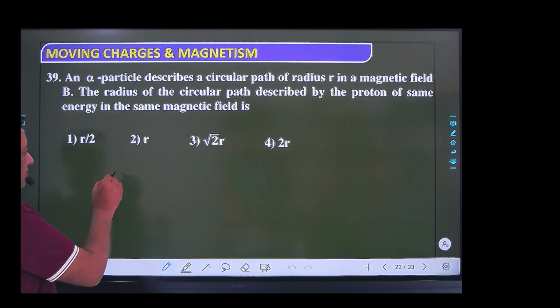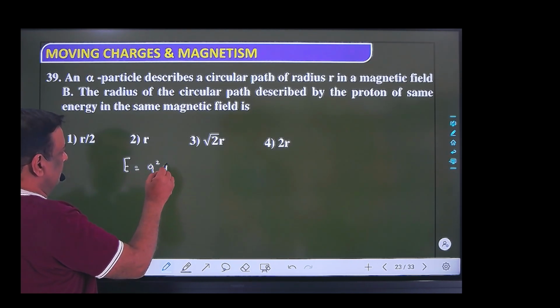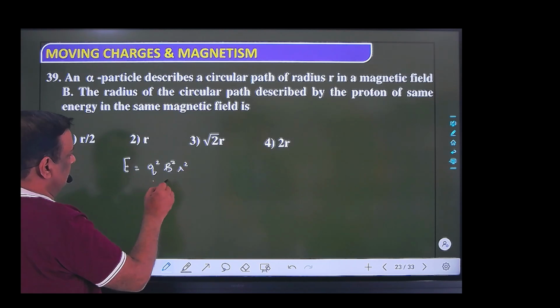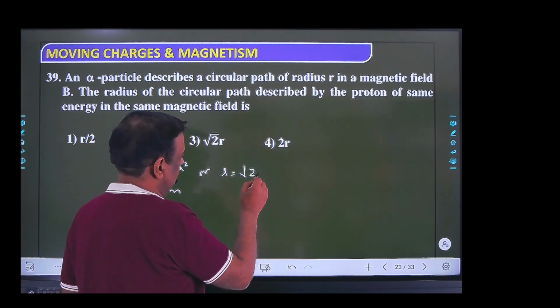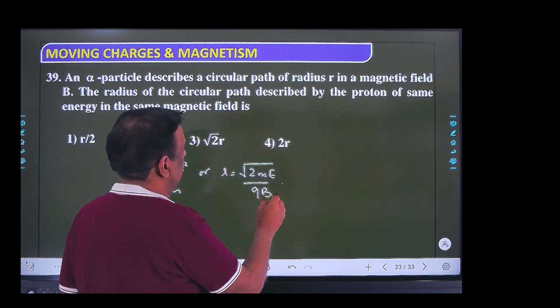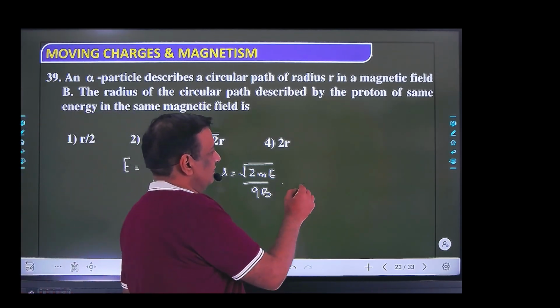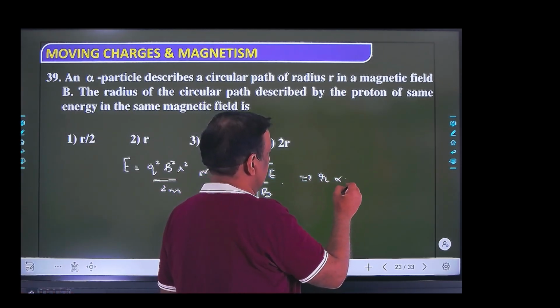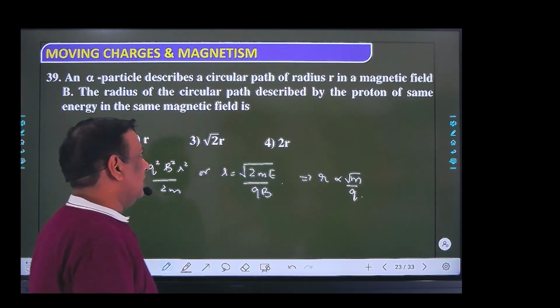Same formula use करो, R is equal to root of 2mE over qB. हमें एनर्जी सेम दिया, मैग्नेटिक फील्ड सेम दिया, so we can say radius is proportional to root m by q.